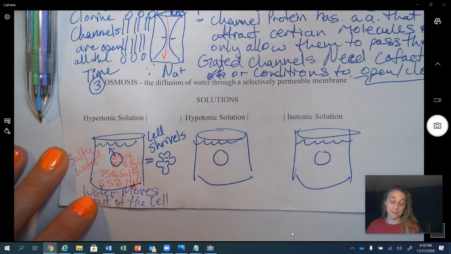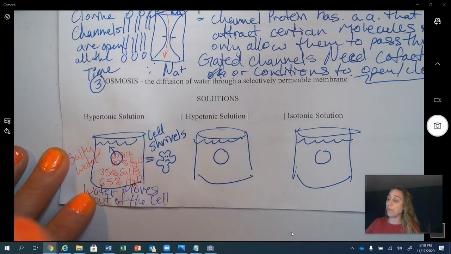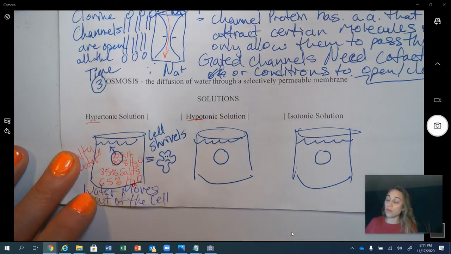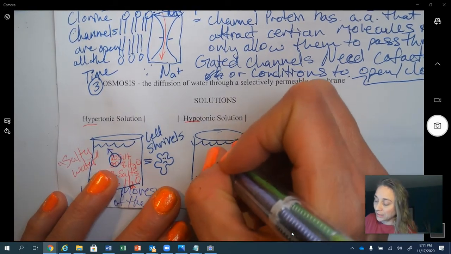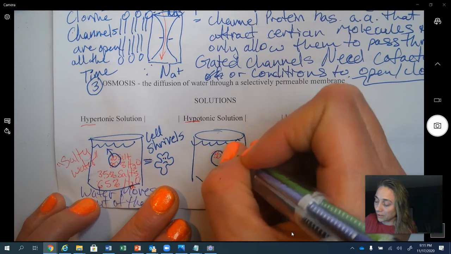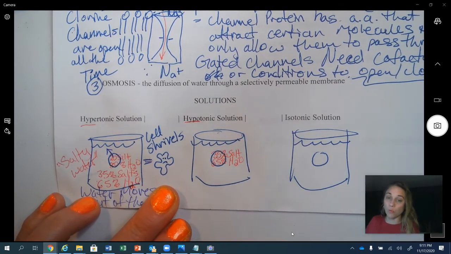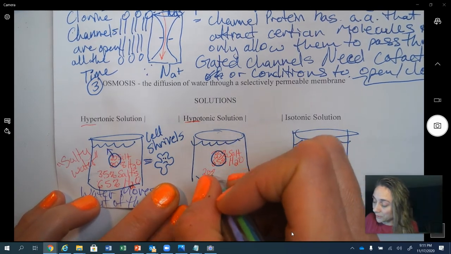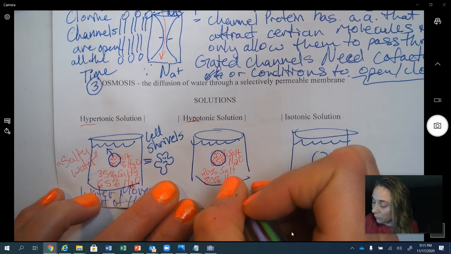It's not good, but here's a worse situation. In the hypotonic, hypo means low, so it's below the salty level of the cell. Let's switch the situation. Let's say that the cell is 35% salt stuff and 65% water, and the solution around it is 20% salty stuff and 80% water.